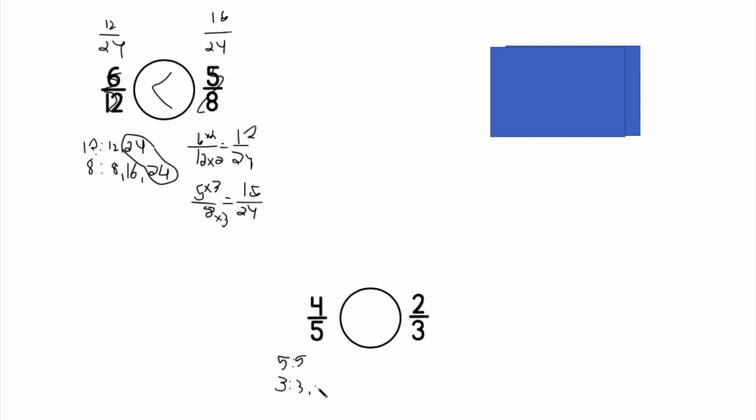Nope. 3 times 2 is 6, 5 times 2 is 10. Anything in common? Nope. 3 times 3 is 9, 5 times 3 is 15. Anything in common? Nope. 3 times 4 is 12, 5 times 4 is 20. Anything in common? Nope. 3 times 5 is 15, 5 times 5, oh, do I even need to do that? No, because I have a least common multiple of 15.